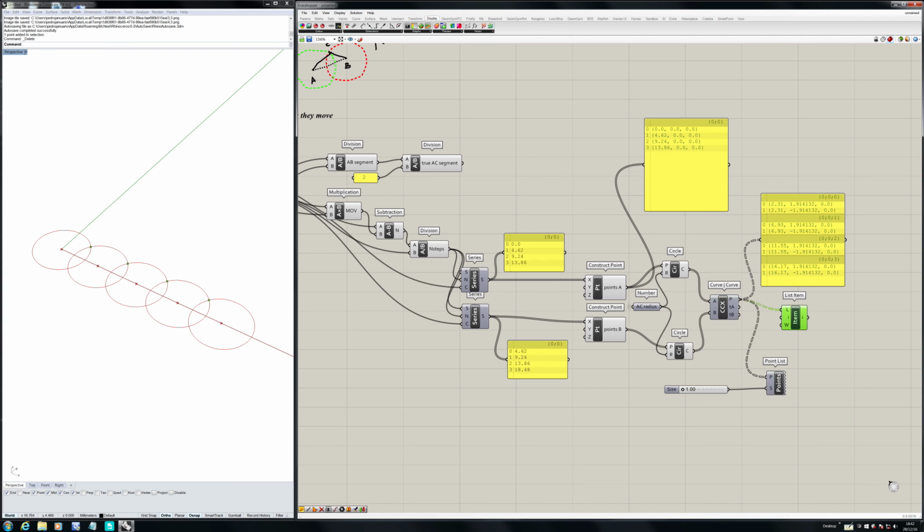Okay, so I have all these points. Now these points are going to be point C series. Okay, and I'm going to make him hidden because I probably will need it.